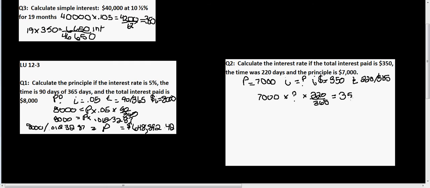All right, so to solve for the unknown, we have to isolate this big question mark here. Well, let's see what we get.